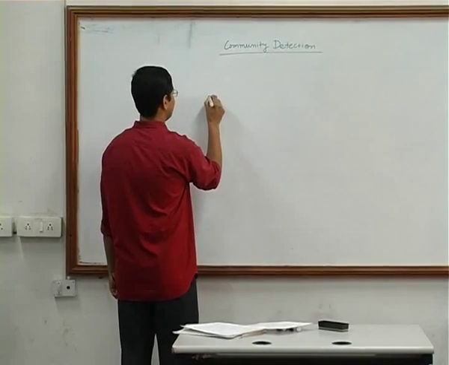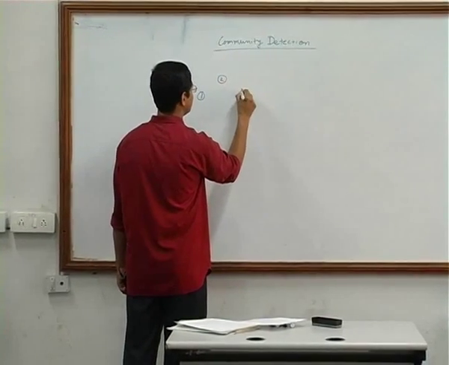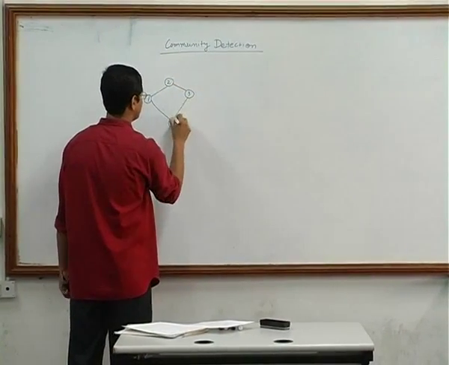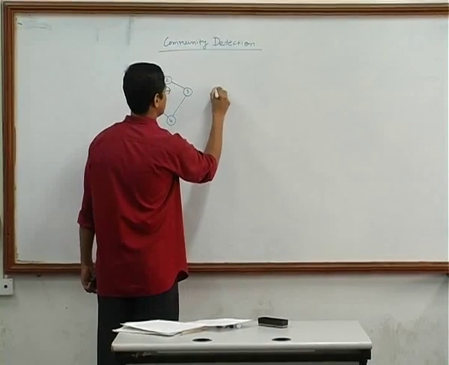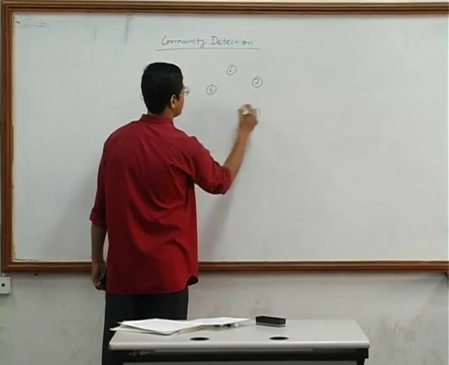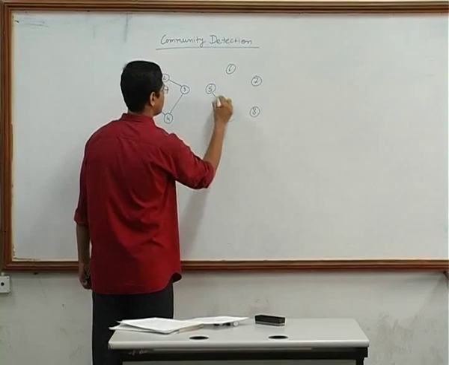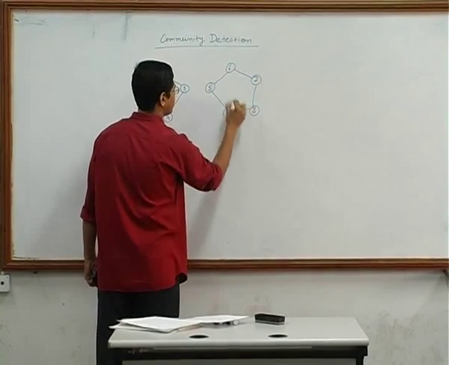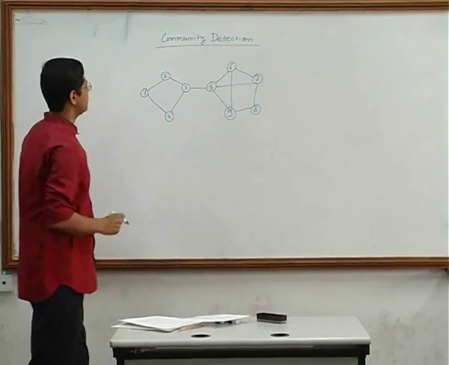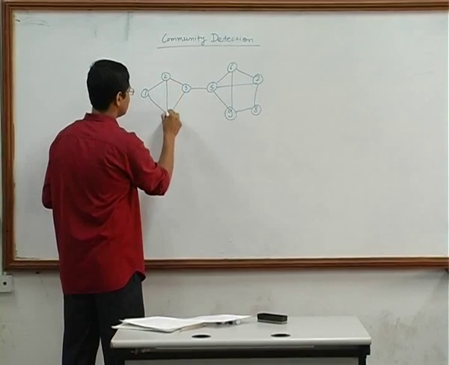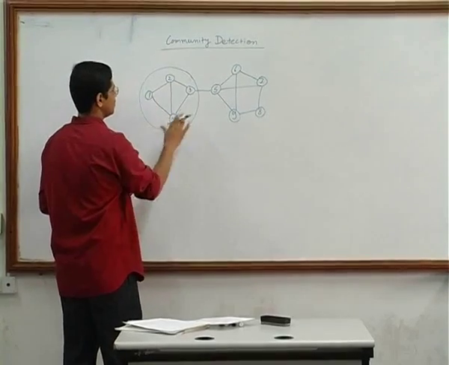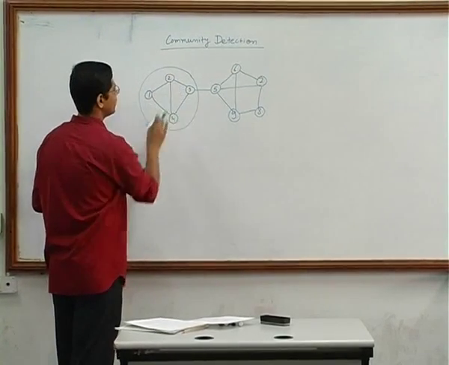Suppose we have a graph like this. Then we see that in this portion the set of nodes shows a more similar kind of connectivity.